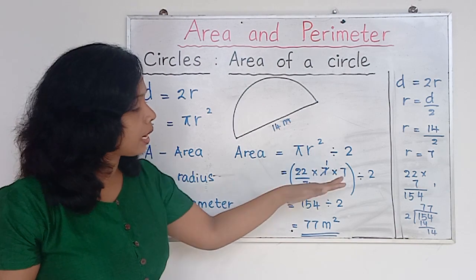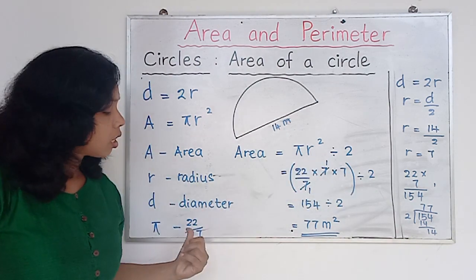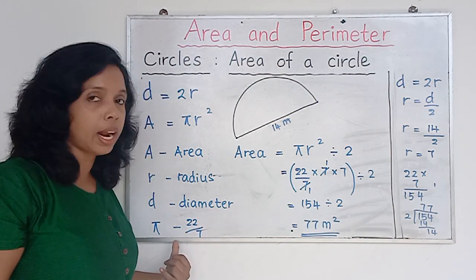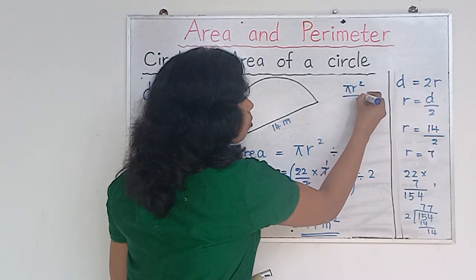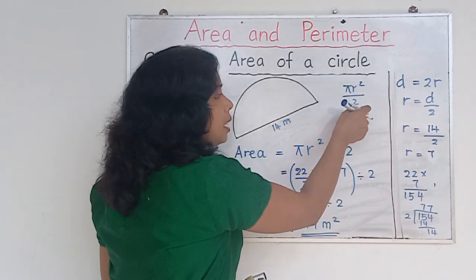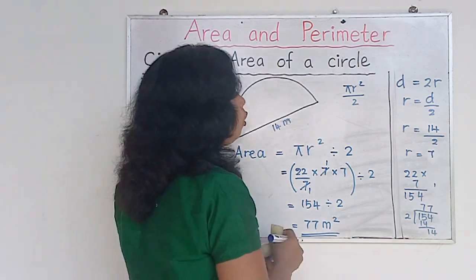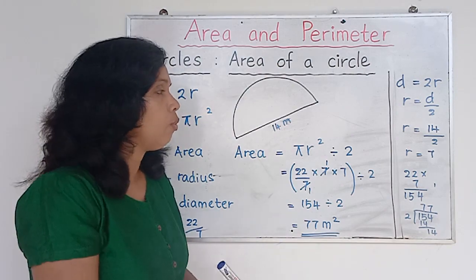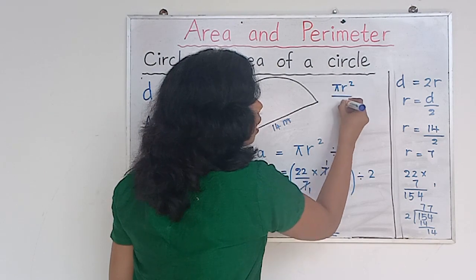And for my easy reference, how can I write it? As I use 22/7 for π value, it's a fraction. If I write this πr squared over 2, there may be some calculation complications for you. For that, I use this division. I want to divide it by 2. So, we can show the division as this, πr squared divided by 2.